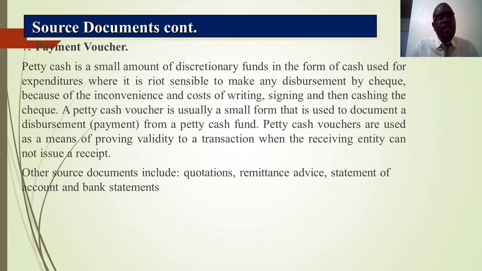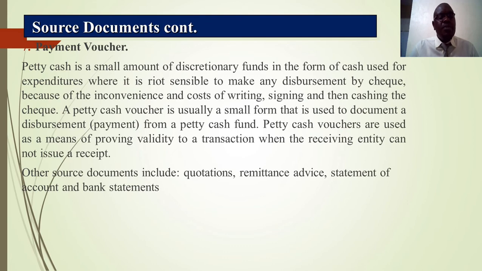So in such cases, we prepare documents which act as evidence that the little amounts were spent, and they were spent for particular purposes within the business. When we are spending this petty cash, the document which will act as proof that indeed petty cash was paid is a payment voucher.